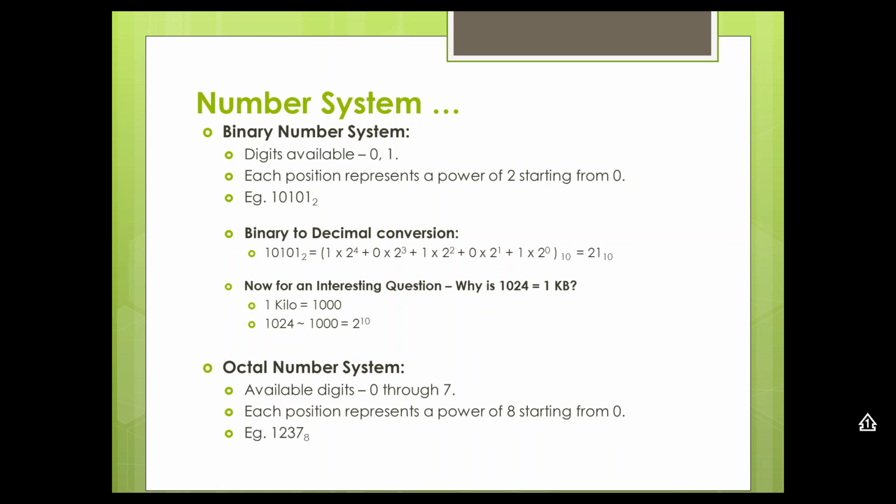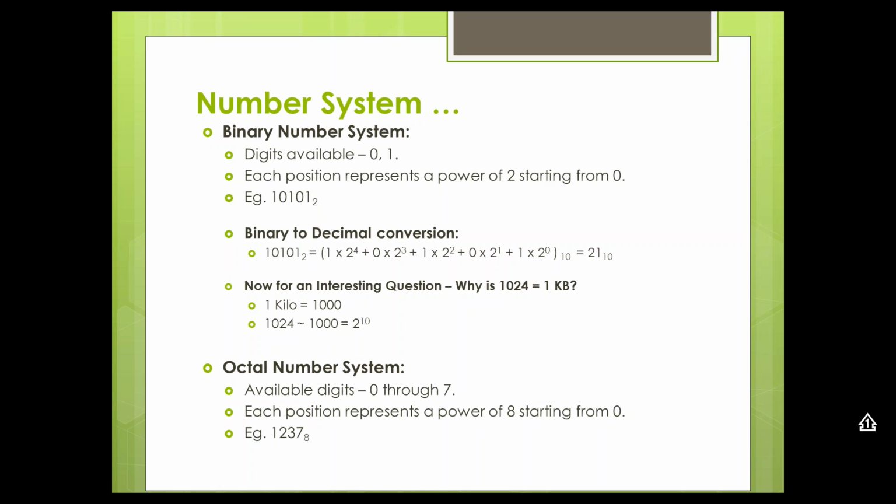To convert any number system to decimal, we multiply each digit by the base to the power of its position number, starting with 0 from right to left. So 10101 is equal to 21 in the decimal system. That is the value we calculated using the powers of 2 multiplied by the individual digits.